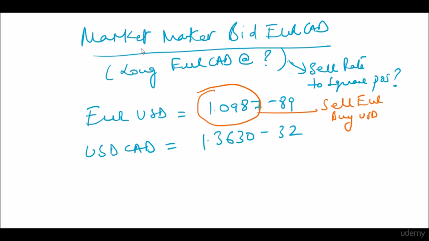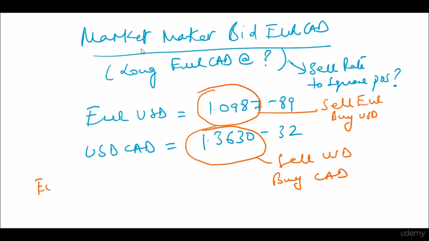Since now the market maker is a price taker, he would need to sell at the bid price in the market, and he would then be long dollars, so he would need to sell the dollars and buy the Canadian. He can do that at the USD CAD bid rate, which is 1.3630. In effect, he gets the rate of 1.0987 times 1.3630, which is 1.4975.